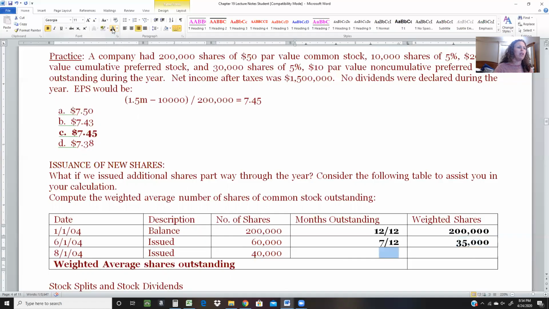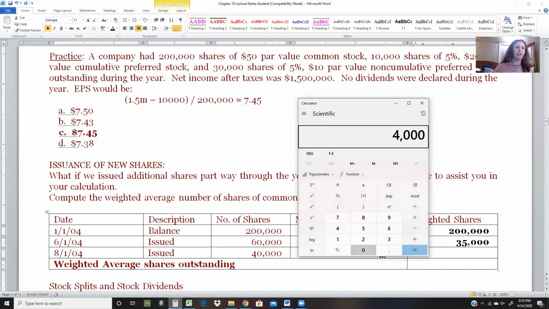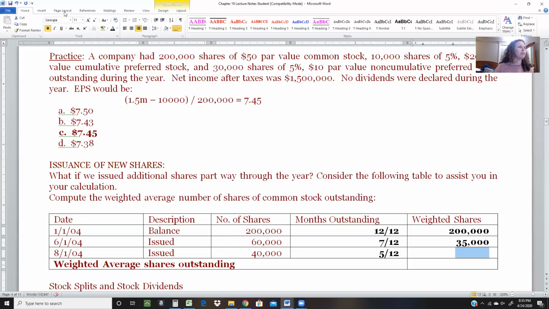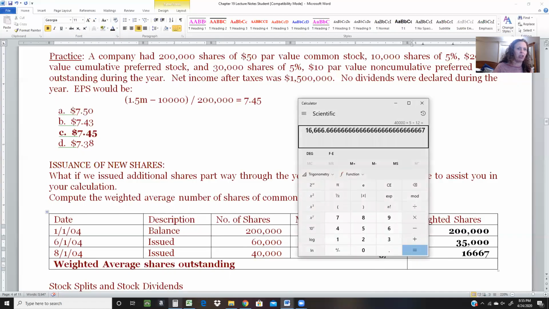For some reason what's under there might be wrong. No, it's good, okay? So these shares went out into the market on August 1. August, September, October, November, December, 5 out of 12. So 5 out of 12 on 40,000 is a weird number. So I think I meant to change it so that it wasn't a weird number, but that's where we're at. And so we're just going to go with it.